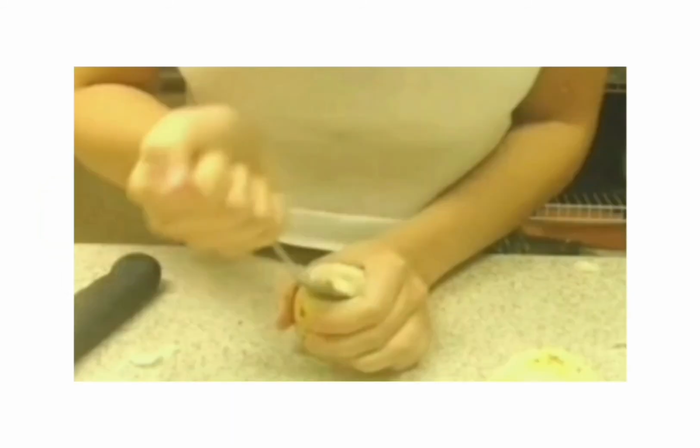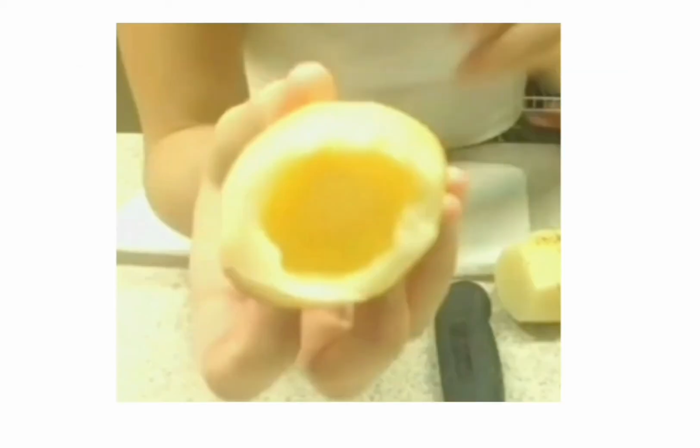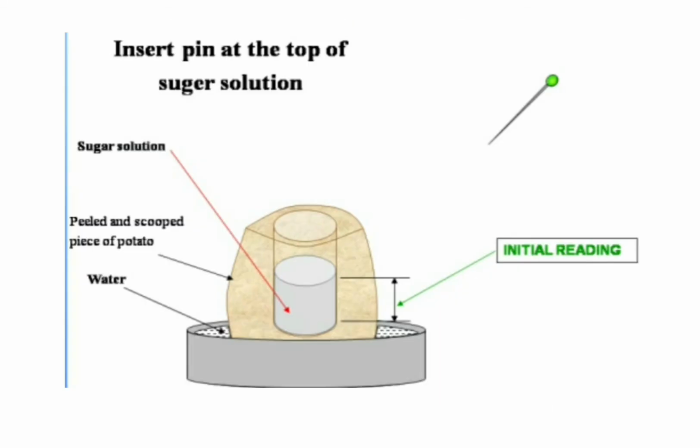Scoop out the inside of the potato so that it looks like a cup. A tiny cavity is formed in a square shape at the center, and the base should have minimum thickness. Now fill up half of the cavity with freshly prepared sugar solution.